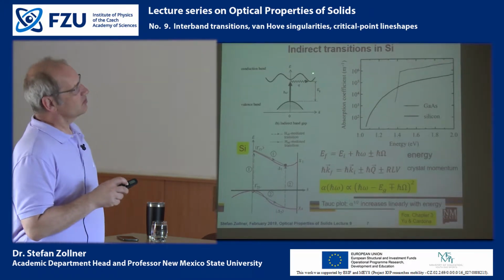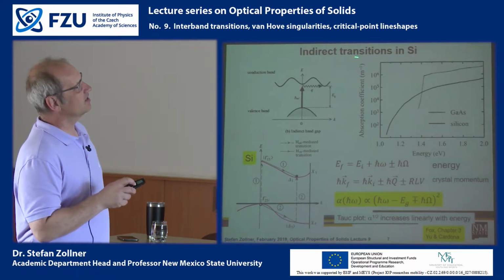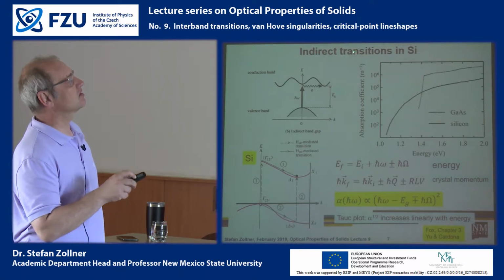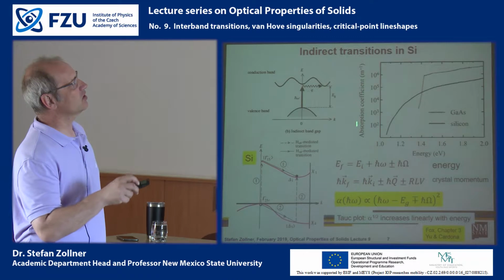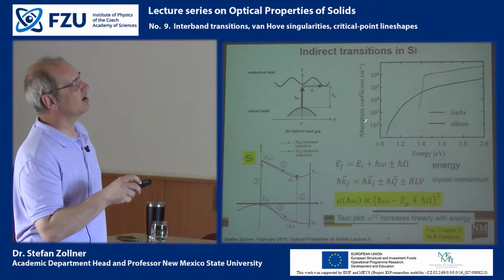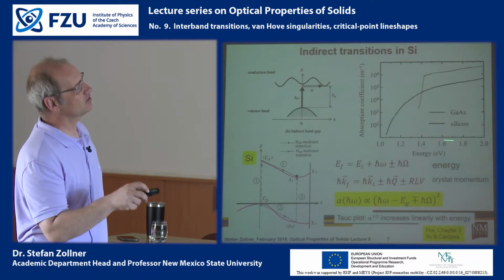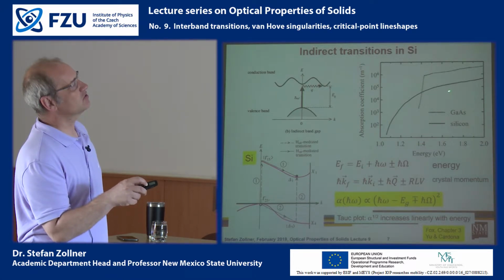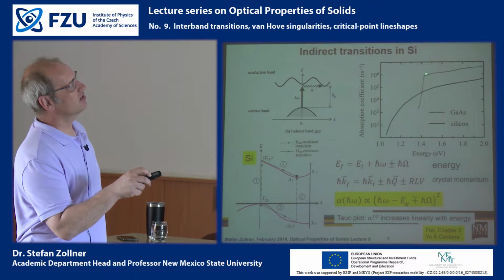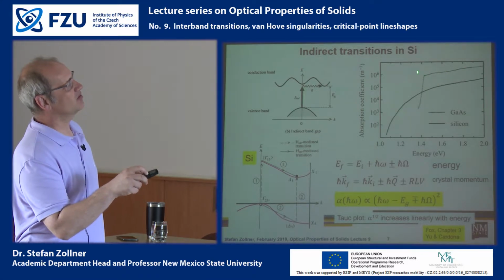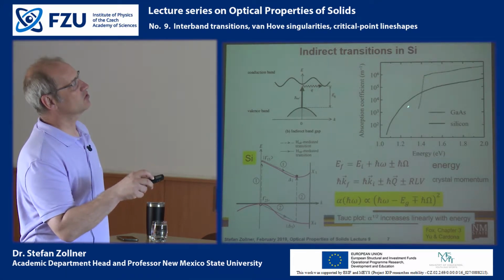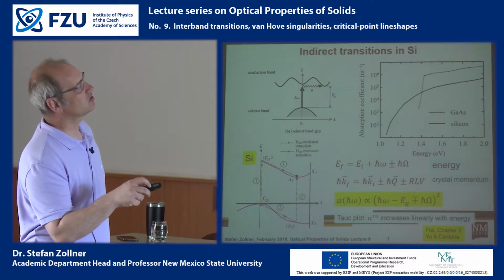So on this slide, we want to look in more detail at indirect transitions in silicon. In this graph, we plot the absorption coefficient of silicon and gallium arsenide as a function of photon energy. The first thing you see is that in gallium arsenide, where we have direct transitions, we get much larger absorption coefficients than indirect transitions.